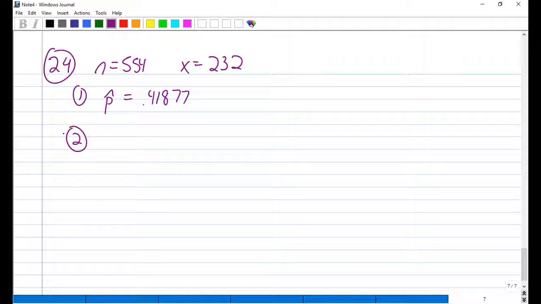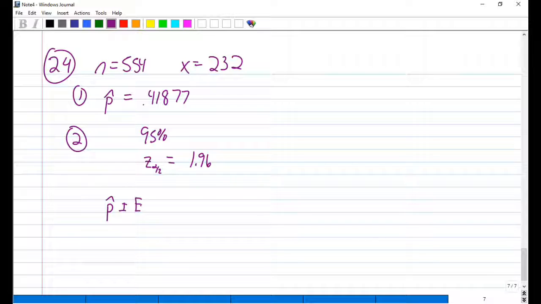Okay, so in step 2, this is where we want to do our confidence interval. 95% confidence interval. All right, and so for a 95% confidence interval, the z sub alpha over 2, the critical z-score, is 1.96. And the way that I construct this confidence interval is I say p hat plus or minus e, the margin of error.